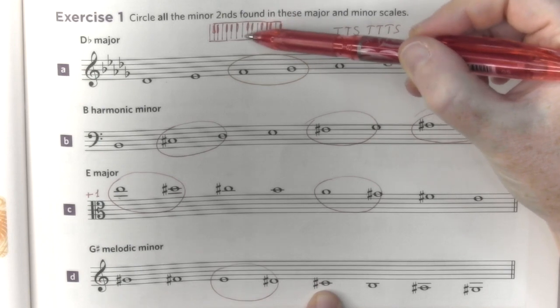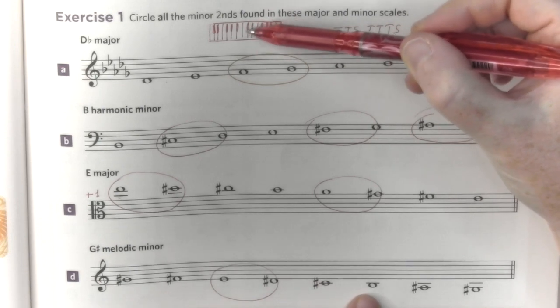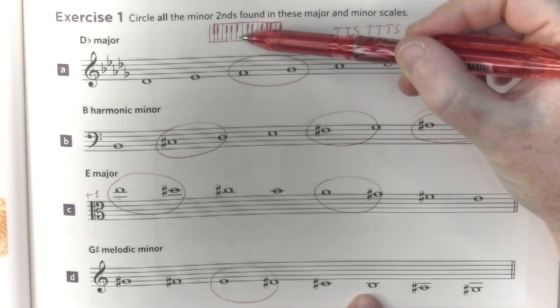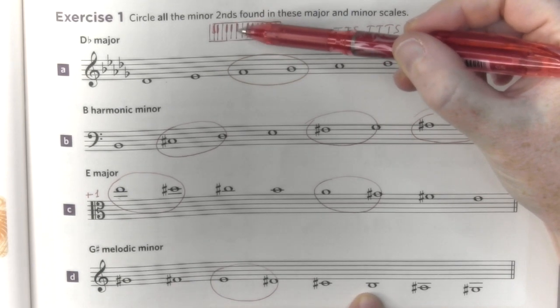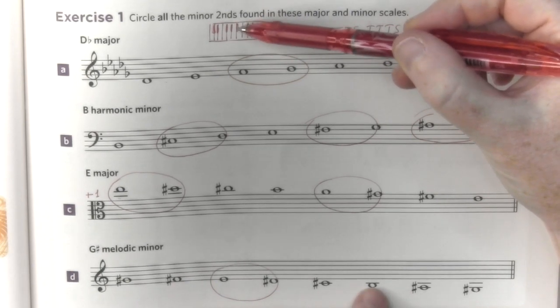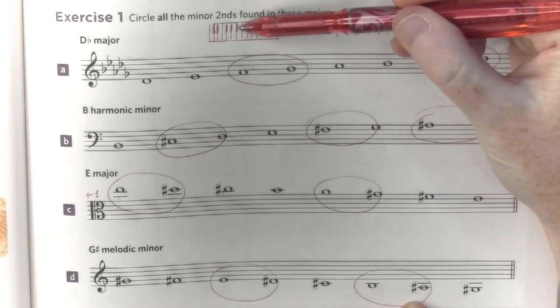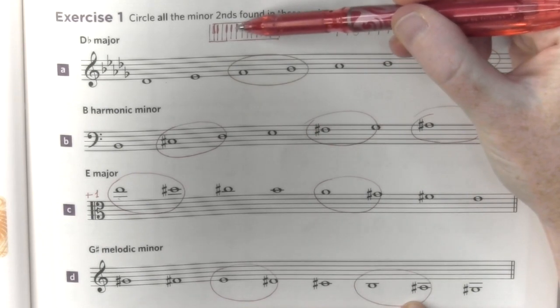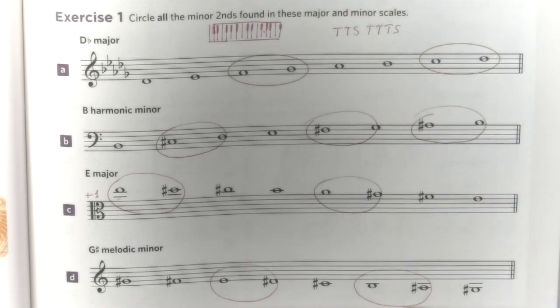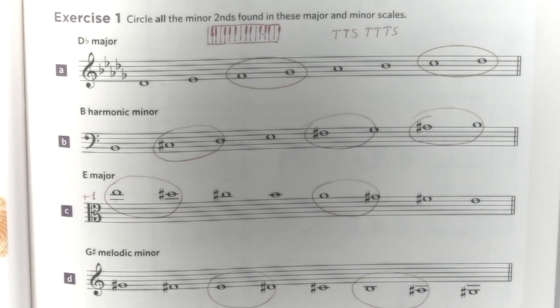Do sharp, B is another tone. B, La sharp is a semitone. Here it is again. La sharp, Sol sharp is a tone. So nothing. Exercise 1 is completed. Let's move on.